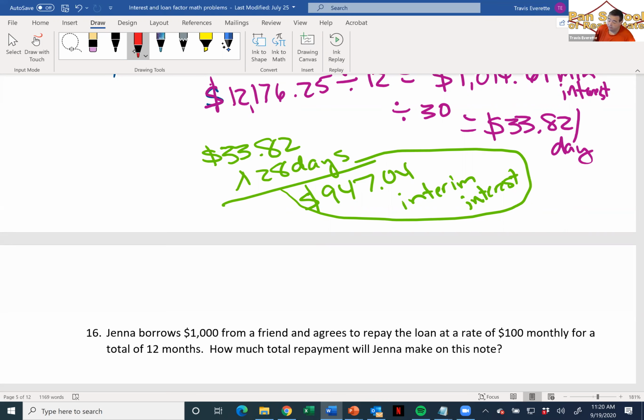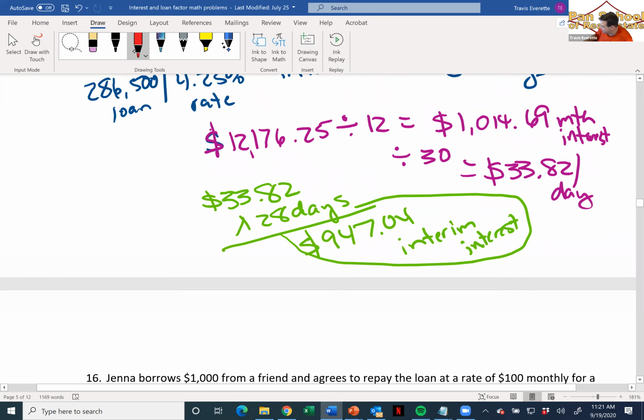Because let me tell you what they're going to ask you on the test. To the nearest dollar, how much is the interim interest charge? So the answer is 947. Well, I thought maybe my calculator was broken. I was like, I know I'm putting these numbers in right. You're exactly right. But if you do $12,176.25 divided by 360, it's actually 33.8229.